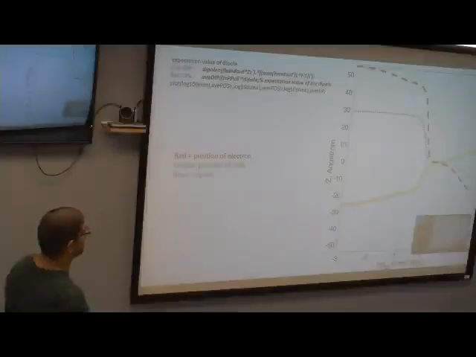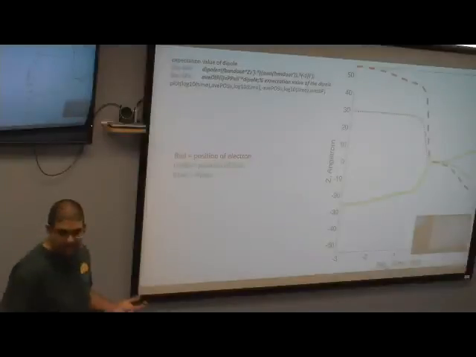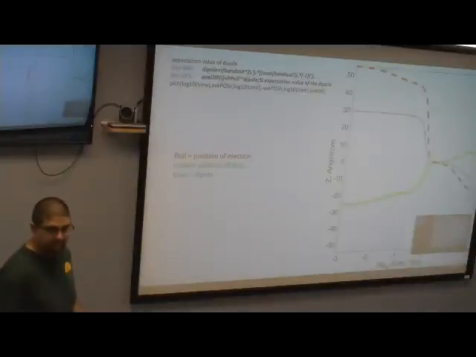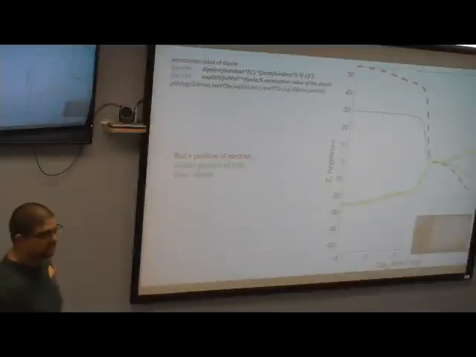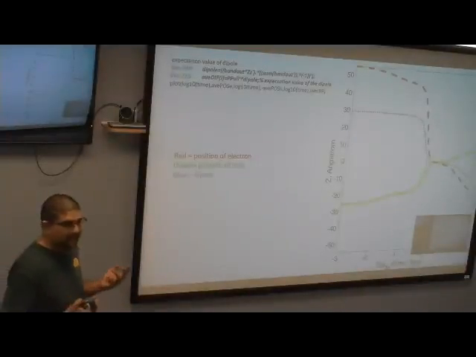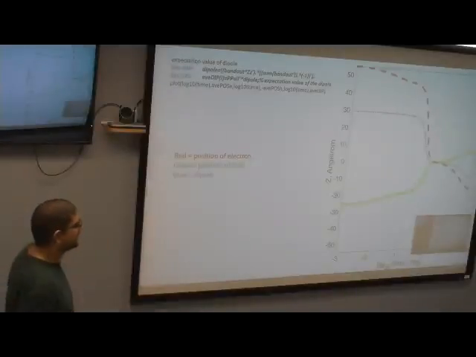Something I think is worth pointing out is that the red graph is essentially the inverse of the green graph, which is to be expected because red is the position of the electron and green is the position of a hole, hole being the absence of electron. So it makes sense that these 2 graphs are essentially mirror images of each other.